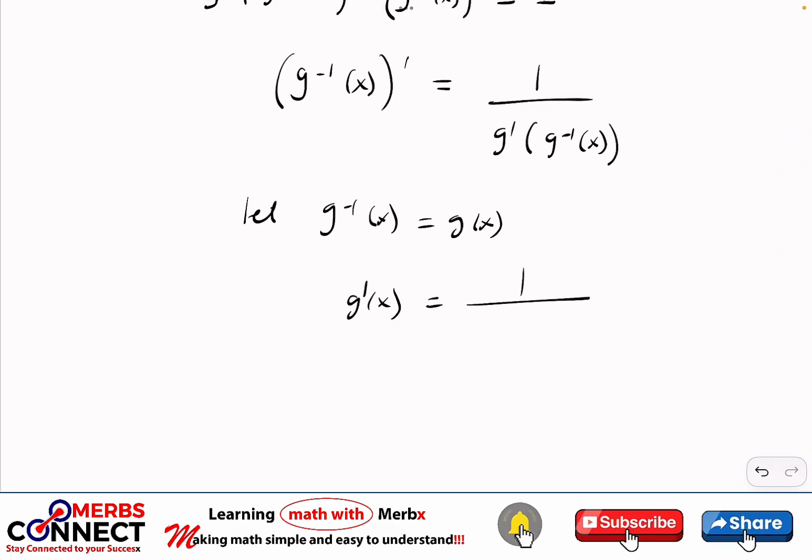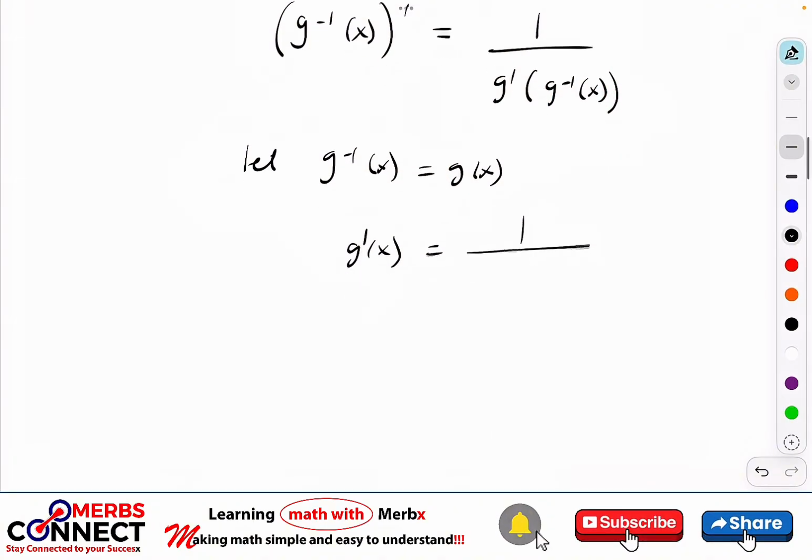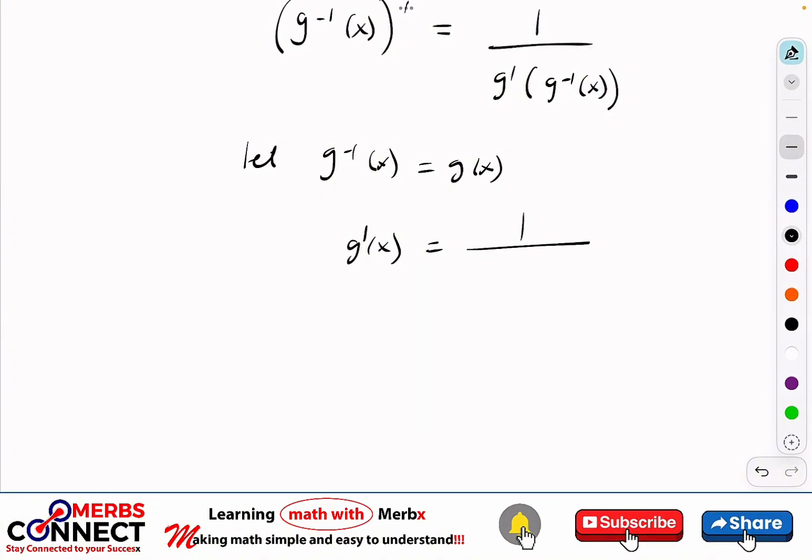So remember, we are interchanging the function. Now my gen of x is my gen inverse, and my gen inverse is my gen of x. So this is going to give us, I don't like the way we are using the same functions, but I think that's how it's supposed to be. So this is going to be gen inverse of x prime of gen of x. So this is what you are going to get from the proof.